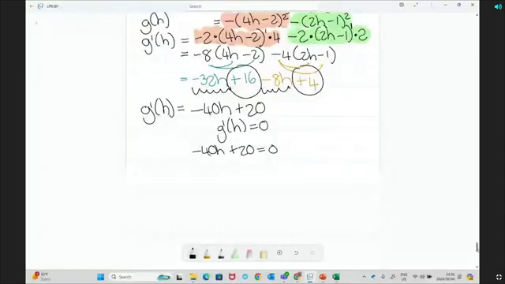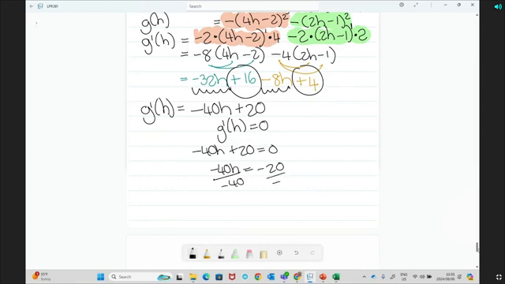And we get our h. So minus 20 when you take it over, I'll write it out just in case. So you'll have minus 20 there. You divide by minus 40 on both sides, and h is going to be a half, positive a half, or 0.5.